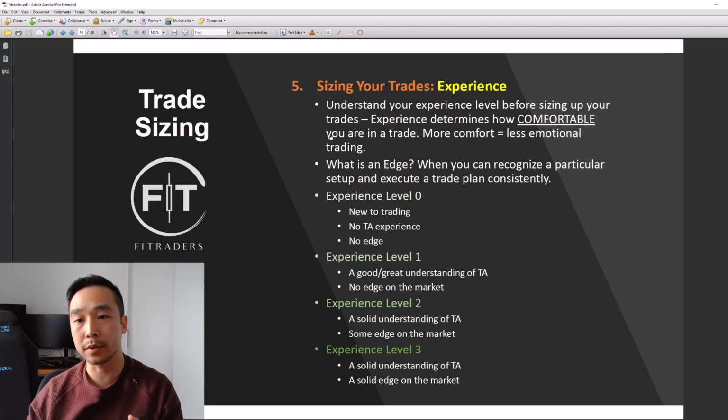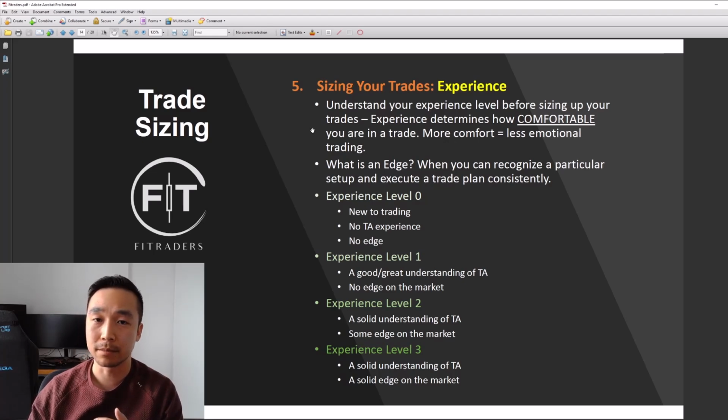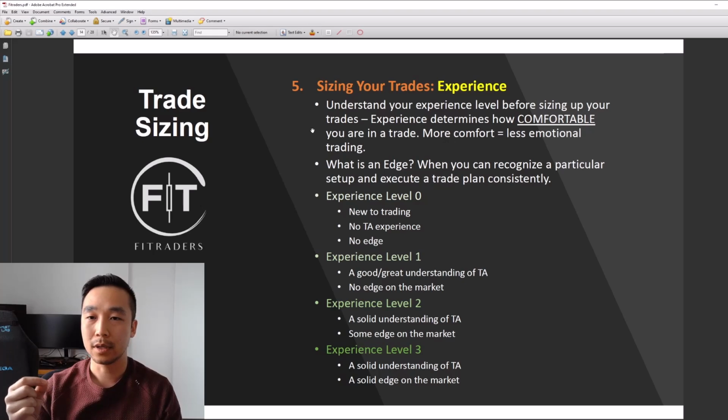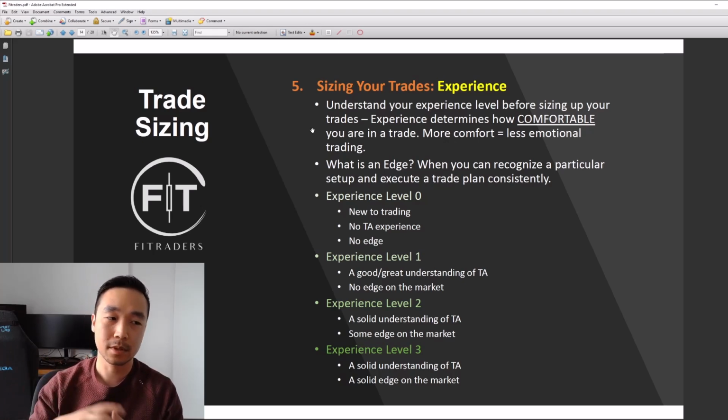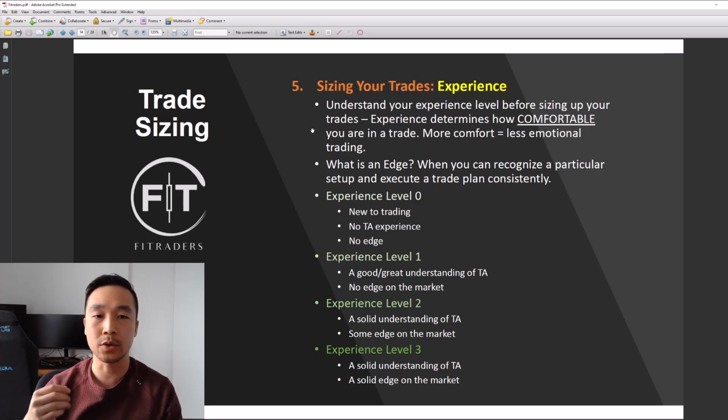The more comfortable you are in the trade, the less emotional impact you're going to have. You don't want those emotions flaring up, because once you start sizing up, the emotions start to creep into your trade. And when those emotions start to creep up, you're going to lose control of how you manage that trade. So the goal is to not have those emotions flare.